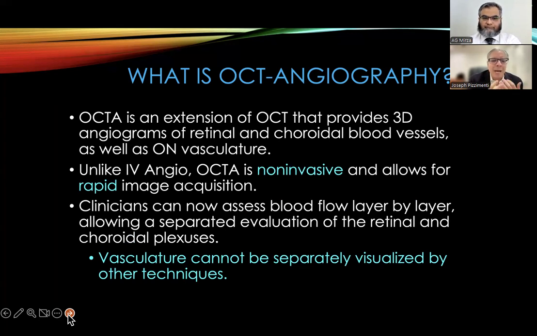So we can now assess blood flow layer by layer. And this is the big advantage of OCTA. It allows a separate evaluation of the retinal and the choroidal plexi. And these vasculatures cannot be separately visualized by any other technology.